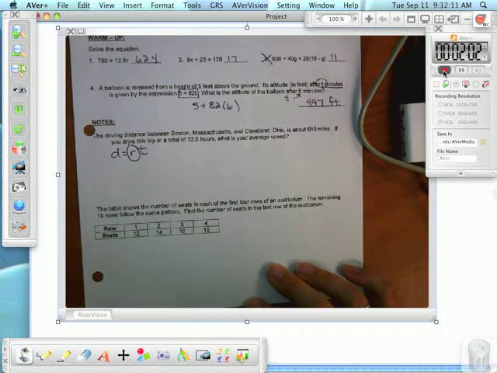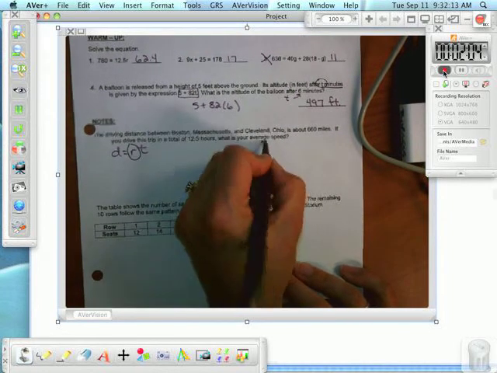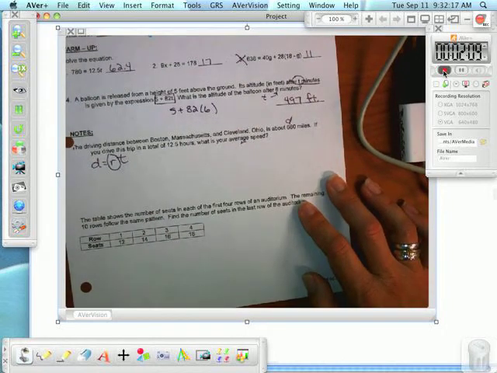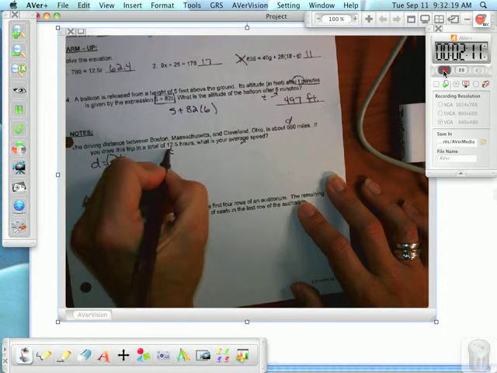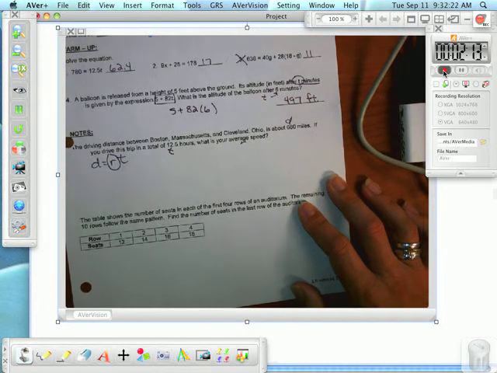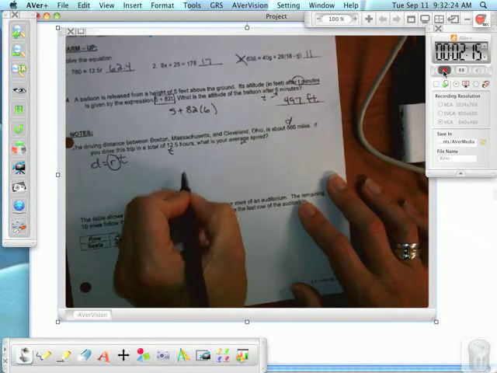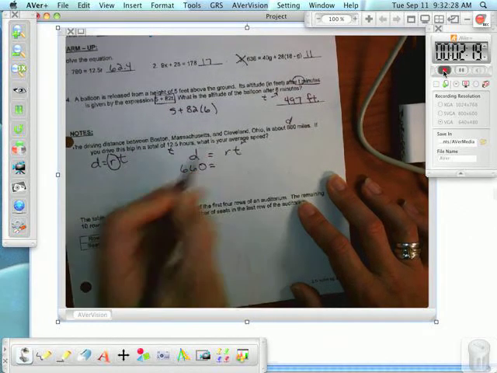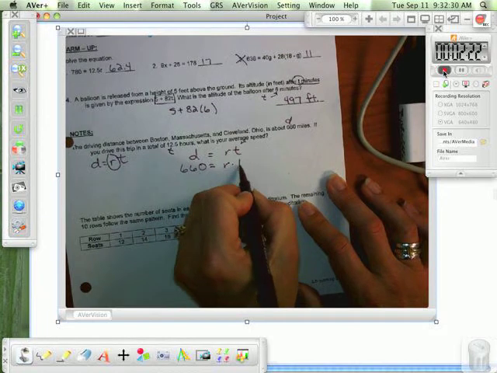I don't know what that is, right? This is my R, I'm not sure. I'm going to plug in what I do know. I know that distance is 660 and time is 12 and a half. So you just can plug in distance. I don't know my R. I know my time is 12 and a half.